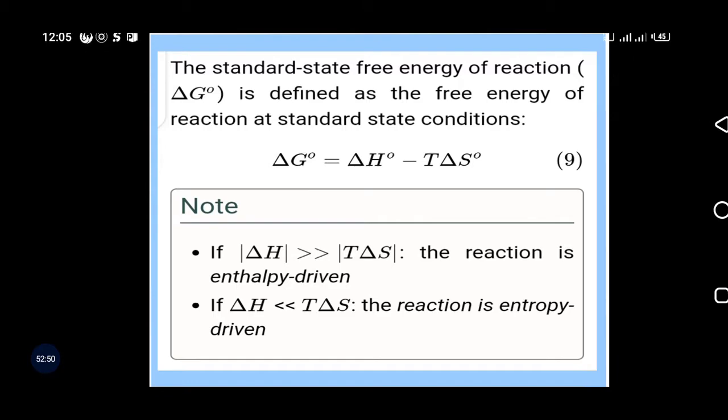Now the standard state free energy of reaction, delta G, is defined as the free energy of reactants at standard state conditions. So you can see the equation here. Whenever enthalpy change is less than the product of temperature and change in entropy, then the reaction is enthalpy driven. In this case now, enthalpy is greater than the product of temperature and entropy, so that means the reaction is entropy driven.